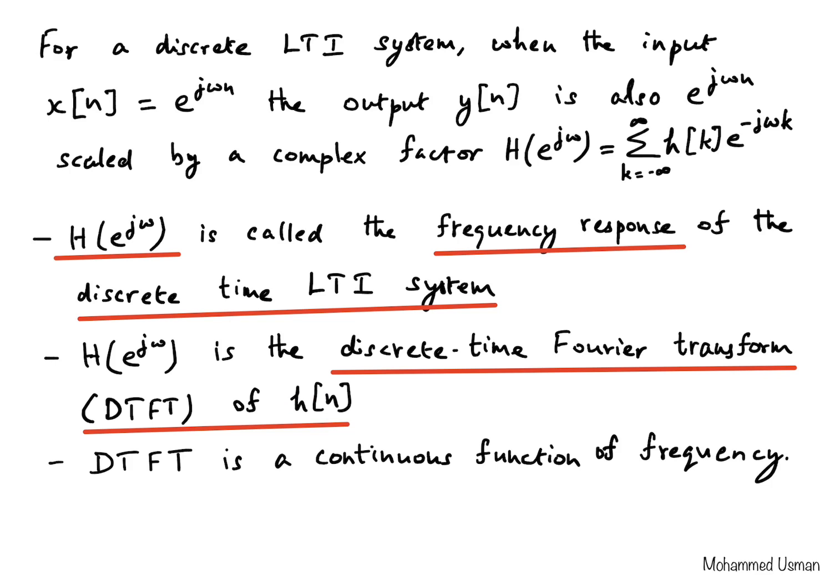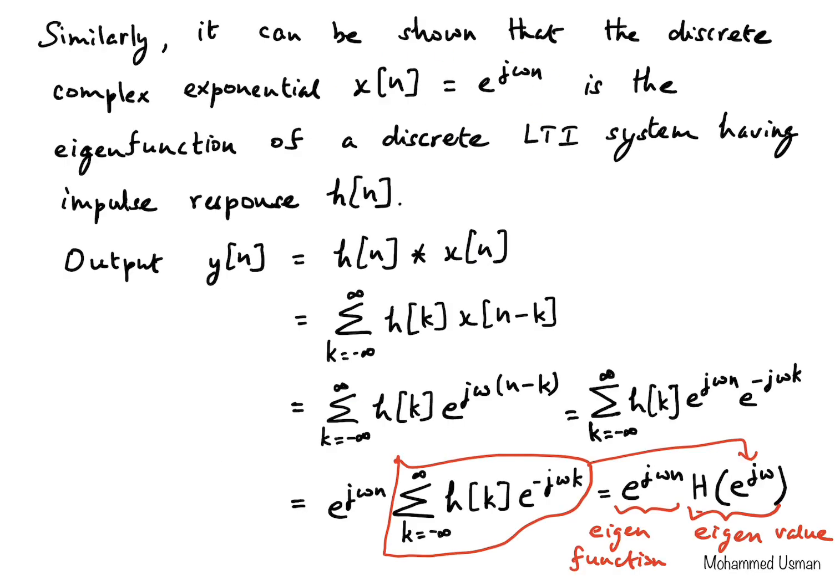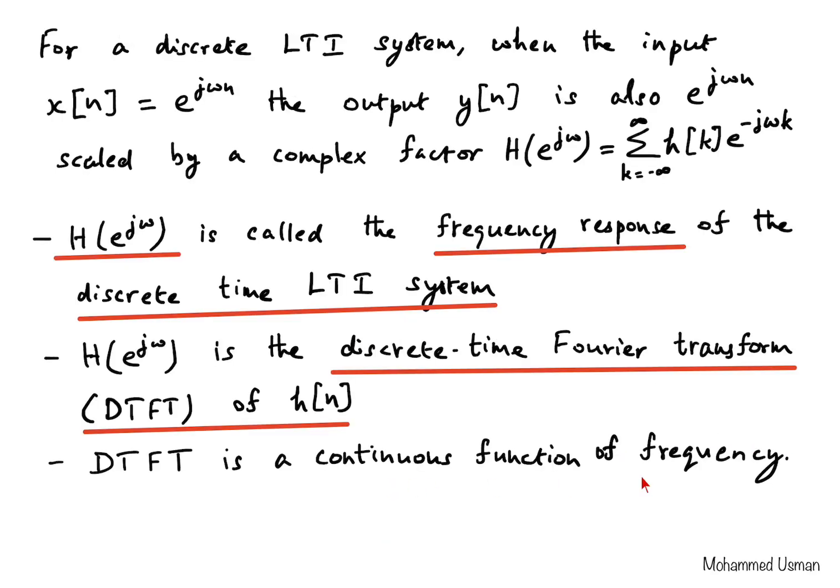And one thing you need to remember here is that the H of e power j omega that we get by computing the DTFT is a continuous function of frequency. Even though our input signal x of n is discrete, the DTFT, or the scaling factor that we get here, is a continuous function of frequency. That's an important observation that you should remember.